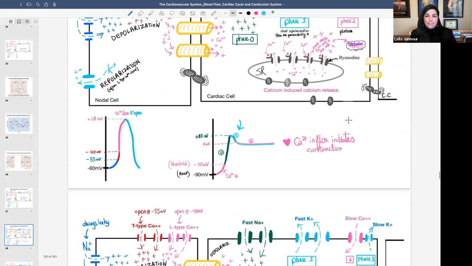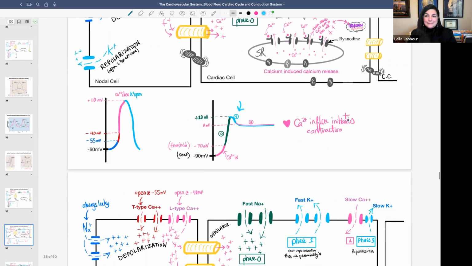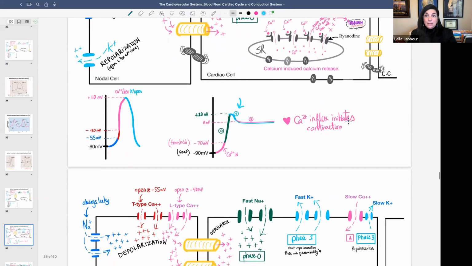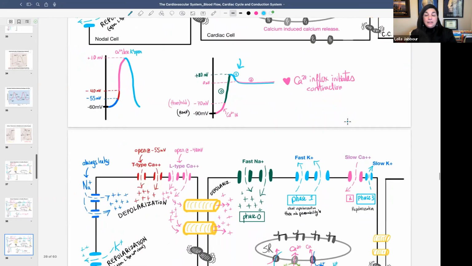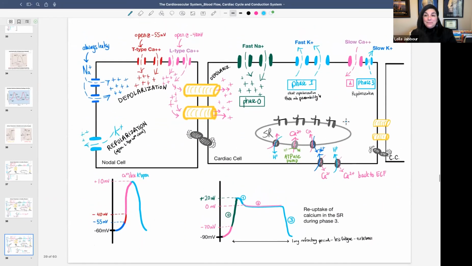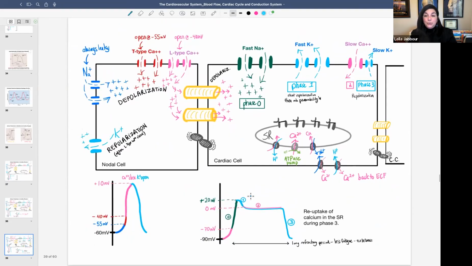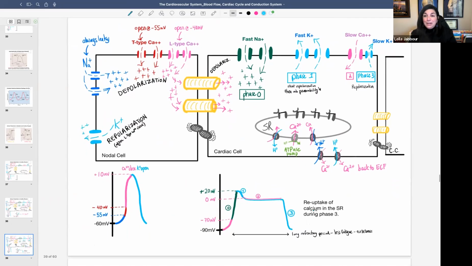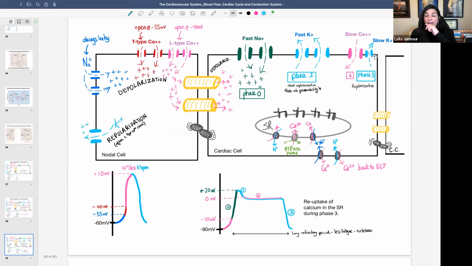So that's what happens when we have calcium in the cell and the cell contracts, and it's great. But now we need, so that was phase 2, right? The plateau was phase 2. In phase 3, we repolarize the cell. We repolarize the cell by allowing potassium channels to open. These are a little bit different from the previous potassium channels of phase 1. These are a little bit slower channels.